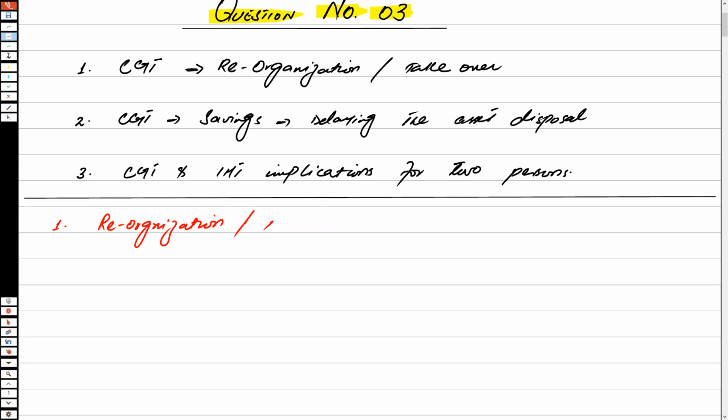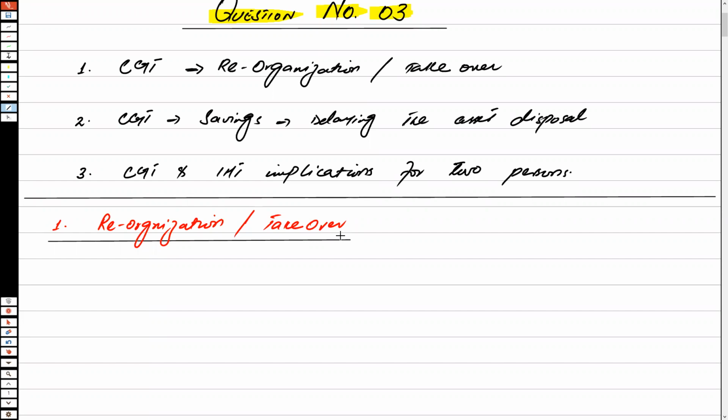If you remember anything with respect to reorganization or takeover, can you explain it in 2 to 3 lines? I'm looking at the chat box and would really appreciate your participation. I'm giving you 2 minutes, then I will start my discussion.